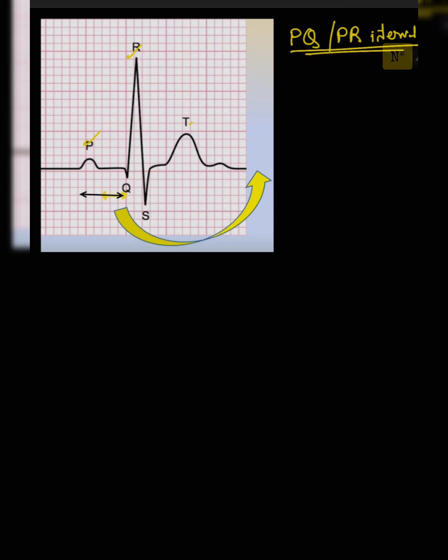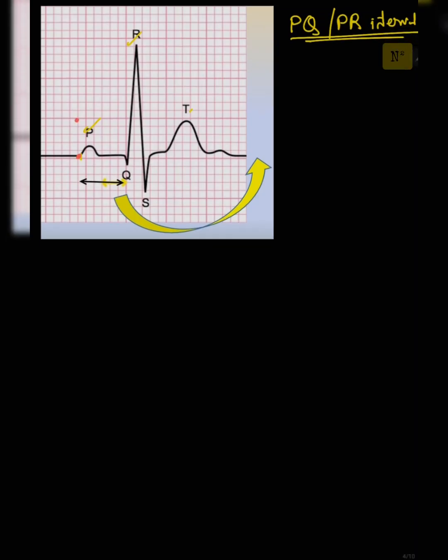Now what's the difference between these two is that if you're connecting the point from the starting of the P wave to the start of the QRS complex, that is the same whether you call it PR or PQ.